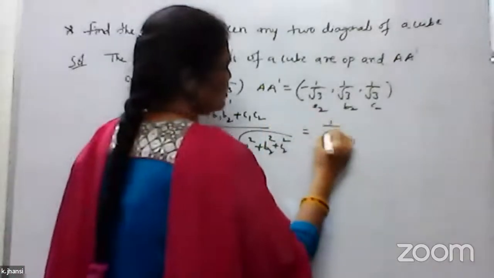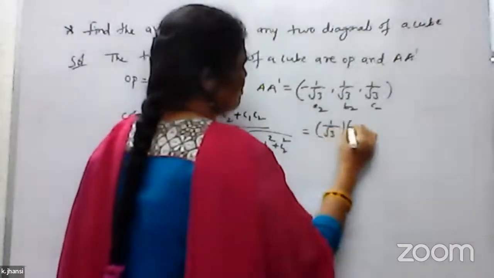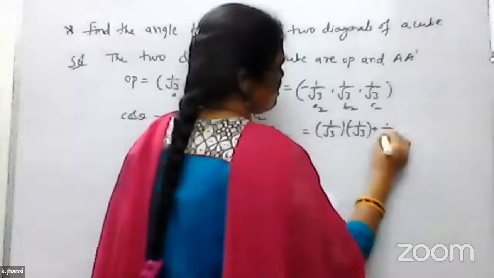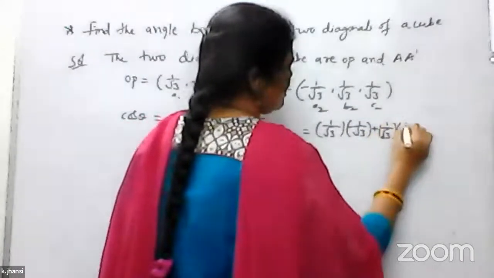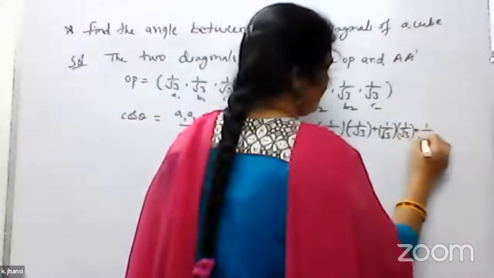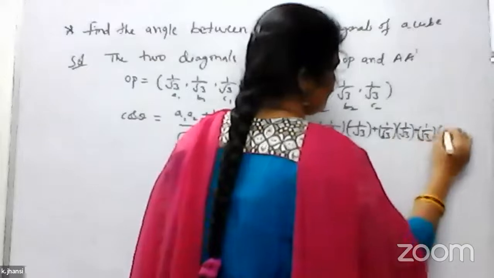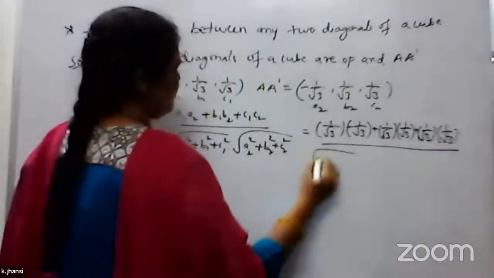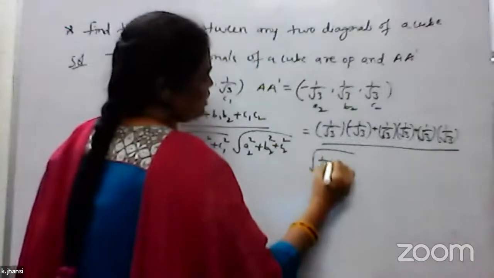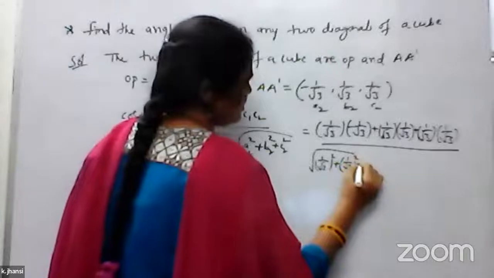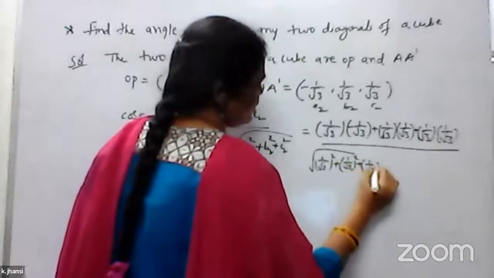That is 1/√3 into minus 1/√3 plus 1/√3 into 1/√3 plus the last 1 by root 3 into 1 by root 3, divided by under root of 1 by root 3 whole square plus 1 by root 3 whole square plus 1 by root 3 whole square.